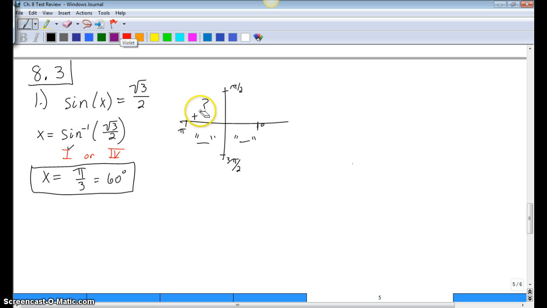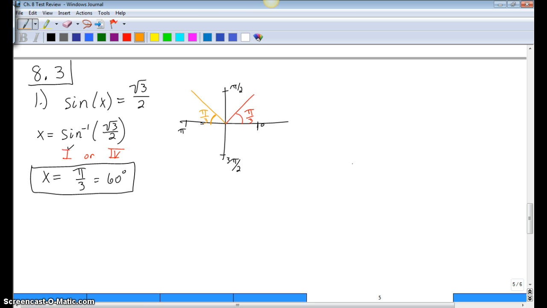So let me clean up some of this. What we're saying is we found that pi over 3 is our first answer. If you go clear back to chapter 6, I think, we can actually find another angle that has a reference angle of pi over 3.